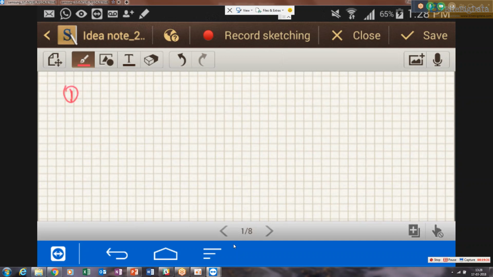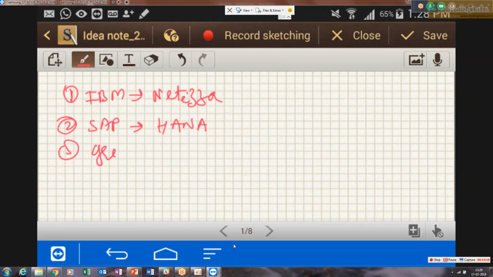So I will name first IBM, and its product is Netezza. Then we do have SAP HANA, and we have Greenplum.